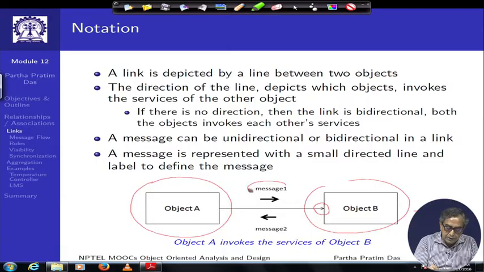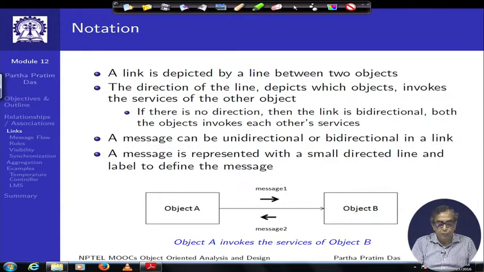That is done in terms of sending the request message from object A to object B. And so, there are two kinds of directionality involved here. One is the direction of the link, which shows who is requesting: this object is requesting and this object is responding.